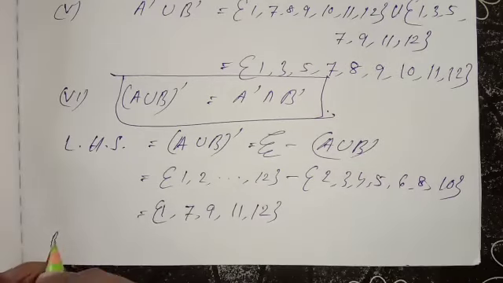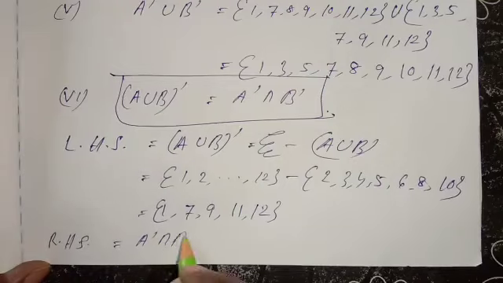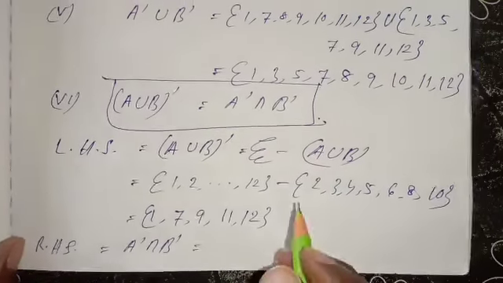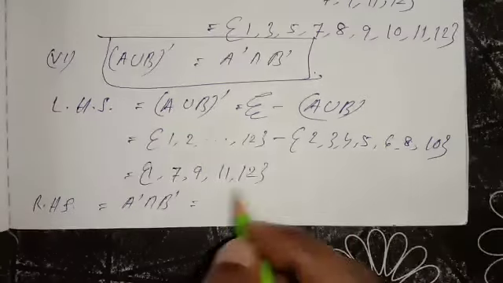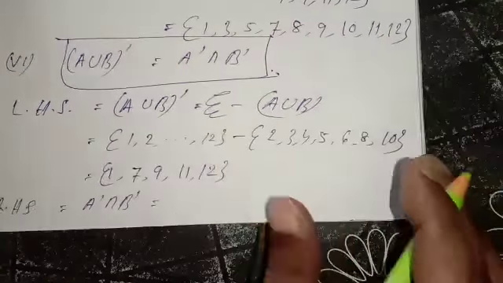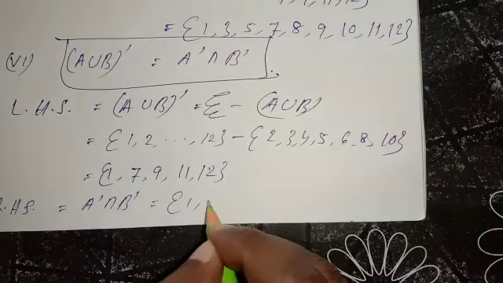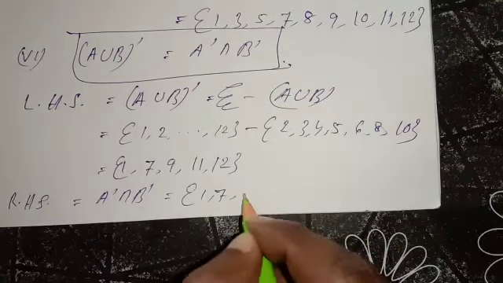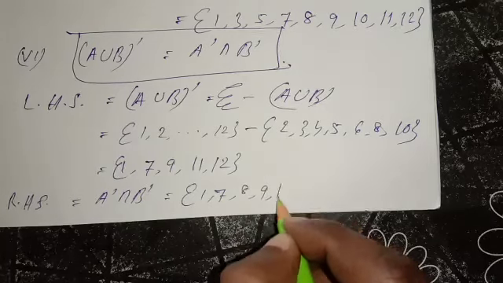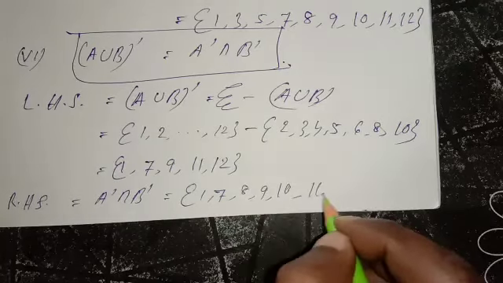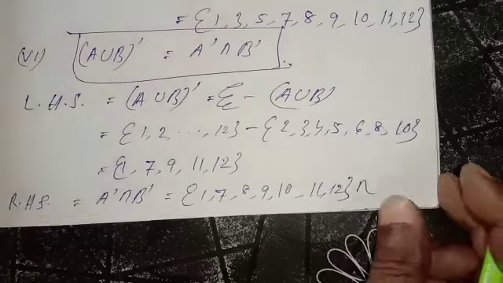And the right hand side is A complement intersection B complement. A complement you already found before, that is 1, 7, 8, 9, 10, 11, 12. Intersection B complement.